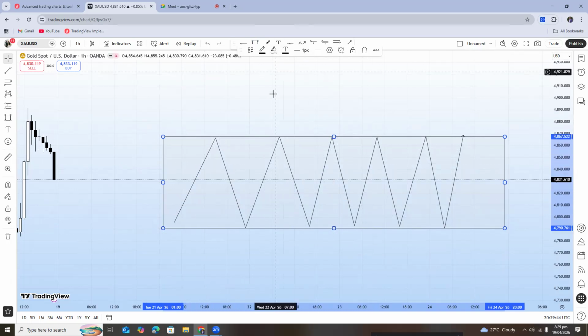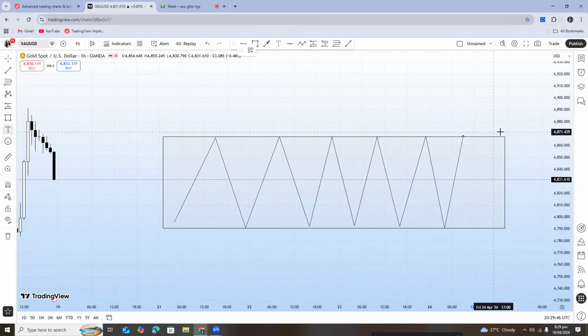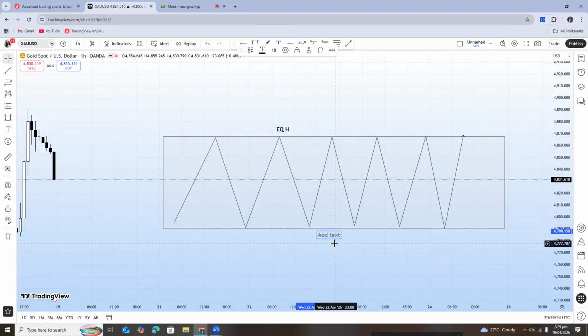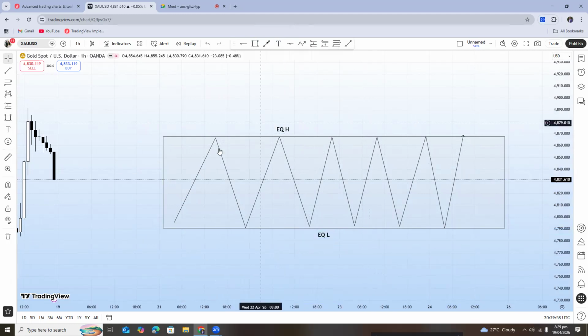So we say a ranging market has equal highs, okay, and then equal lows. Okay, so you see all of these are highs, but they are aligning around the same level. So we see they are equal highs.